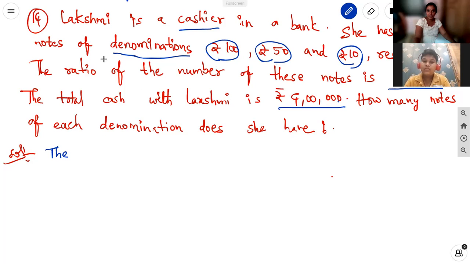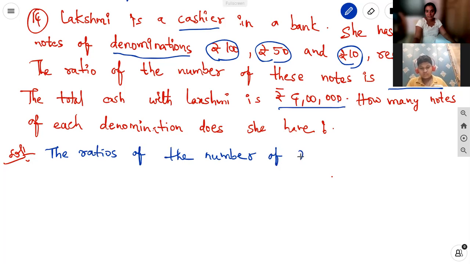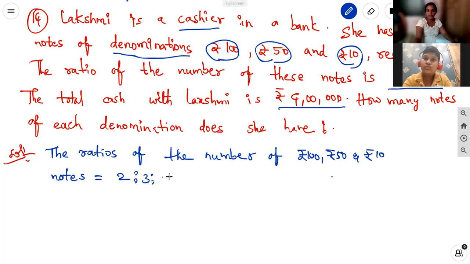The ratio of the number of these notes, 100 rupee, 50 rupee, and 10 rupee notes, is 2:3:5.